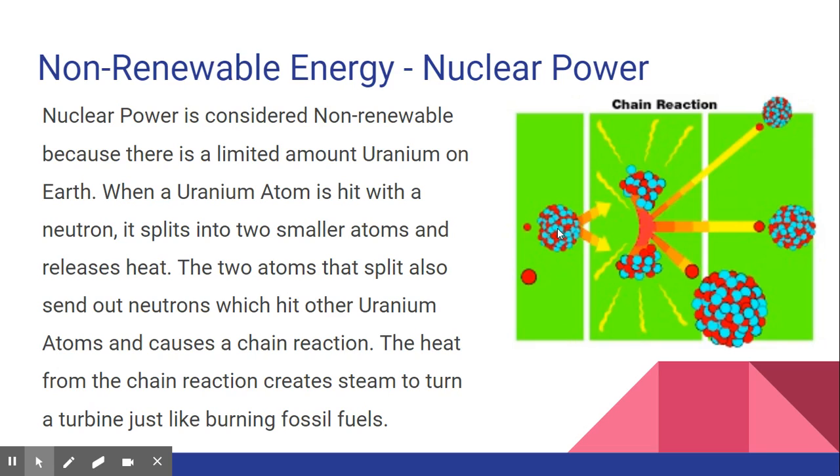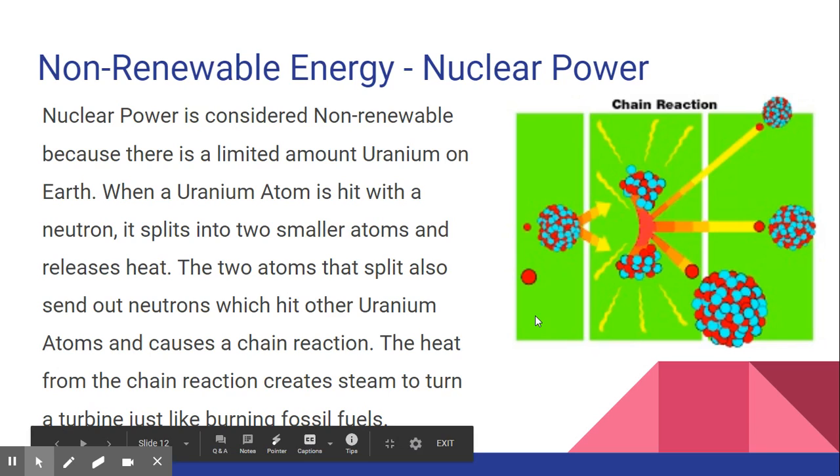It also can start a chain reaction where when that first atom breaks apart, that nucleus splits, it sends out more neutrons that are being kicked out of the two smaller nuclei. And those neutrons go on to hit other nuclei that then split and give off much more heat.